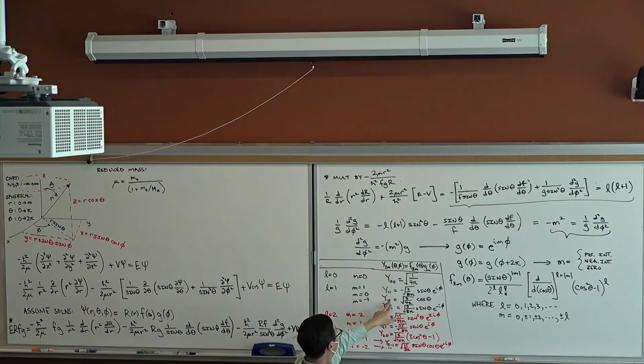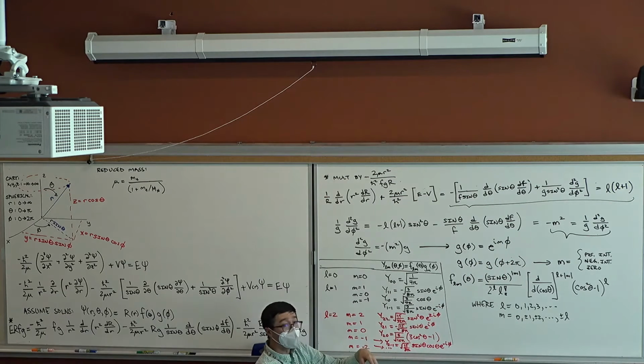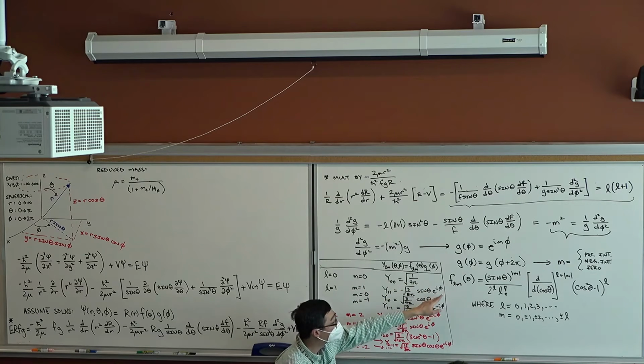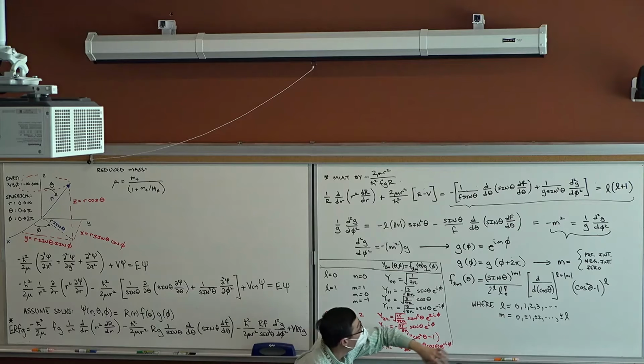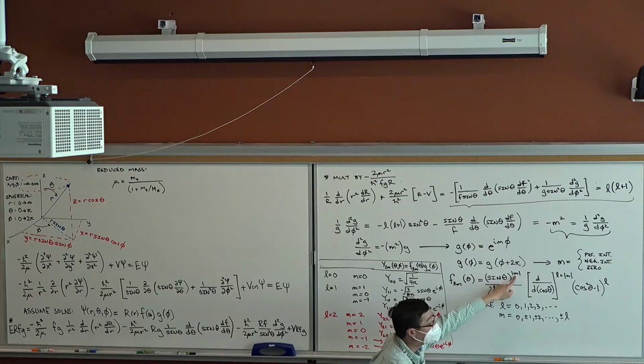Note when m is 0, e to the i 0 times phi is just 1, right? So all the ones that have 0, the e to the i's don't show up. For this, it's sine raised to the absolute value of m divided by 2 raised to the lth power times L factorial.